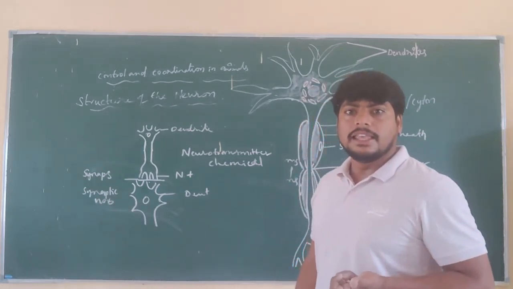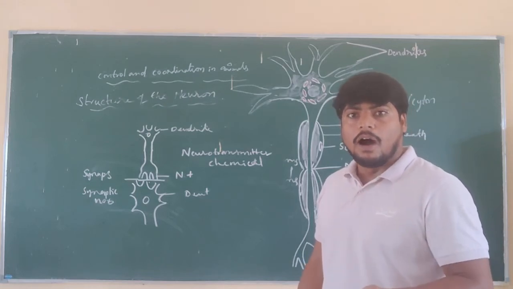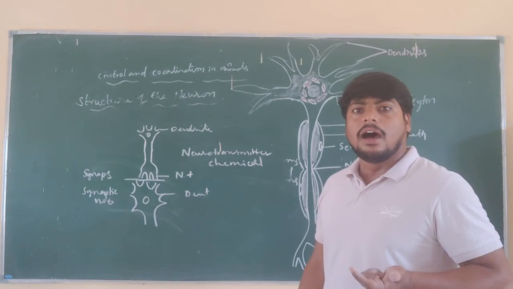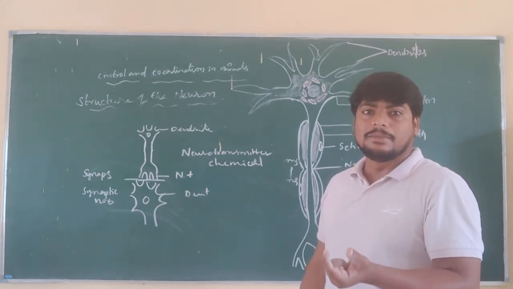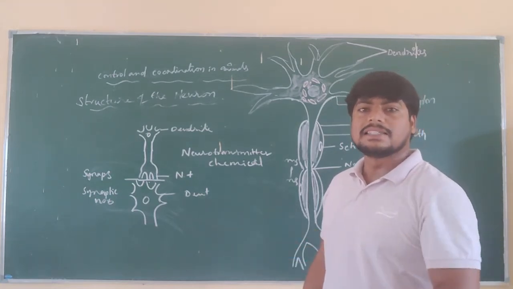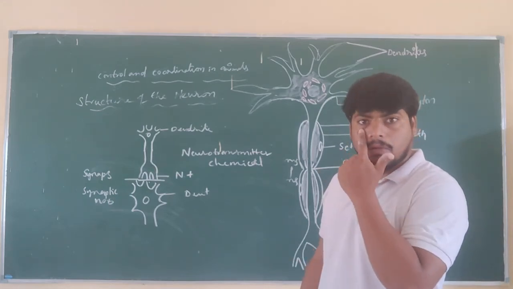Next, dendrites. These are short, branched, tapering forms which are formed from the cyton, and they are helpful in receiving the stimulus from the receptor cells and allow the stimulus response to pass through the cell body.